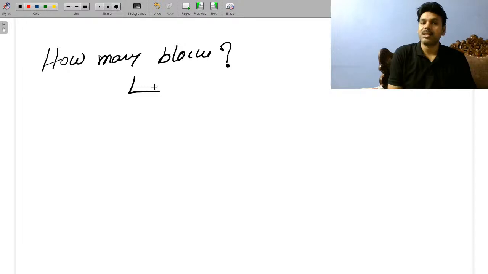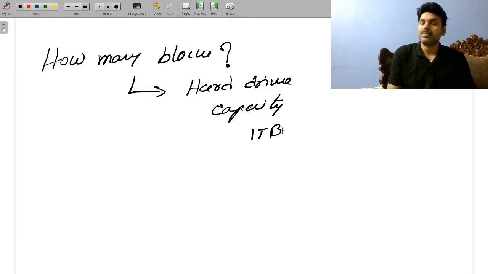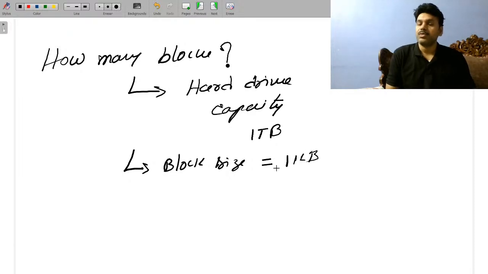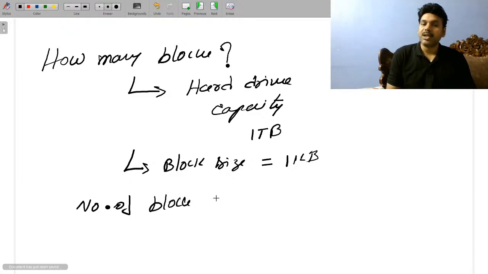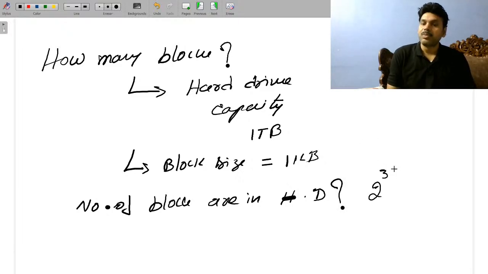Please understand, this depends upon your hard drive capacity. When I say my hard drive is something like 1 terabyte, you also need to say what your block size is. If I say my block size is 1 kilobyte, then you will come to know how many blocks there are. So the number of blocks in your hard drive is nothing but 2^40 divided by 2^10.